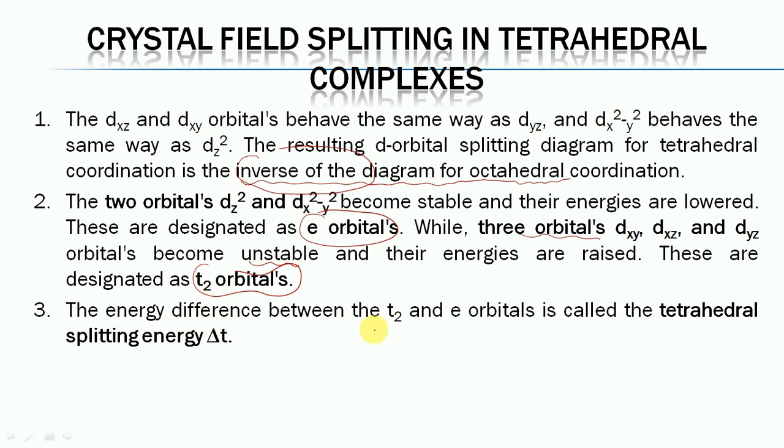The energy difference between the T2 and E orbitals is called the tetrahedral splitting energy, and it is denoted by delta T.